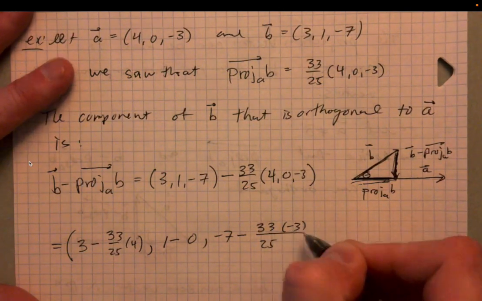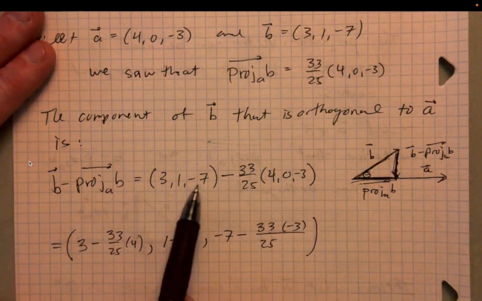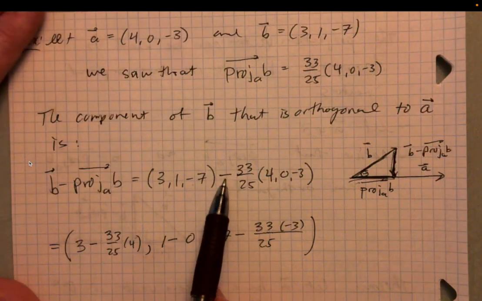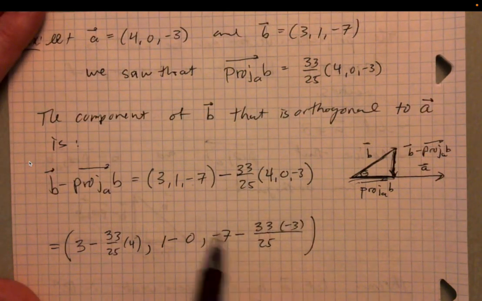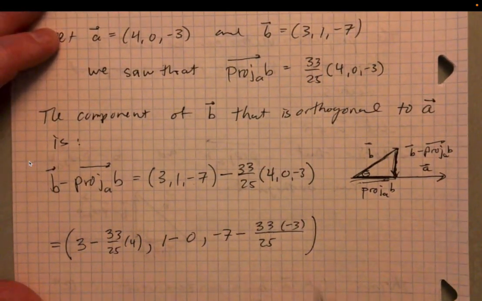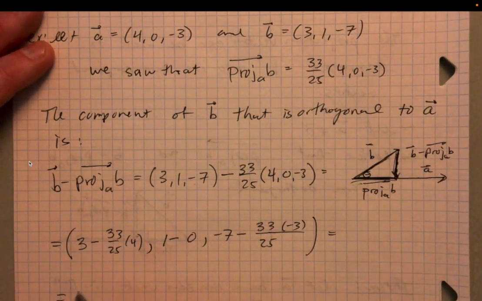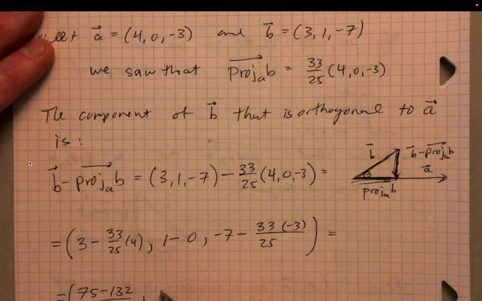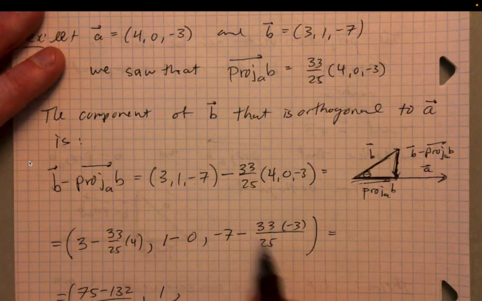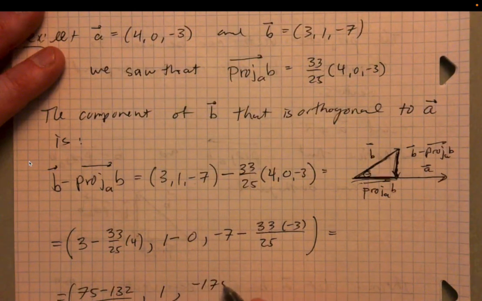And we can calculate this pretty quickly. This would be 75 minus 132 over 25, and then just 1 in the middle, and then negative 175 plus 99 over 25.